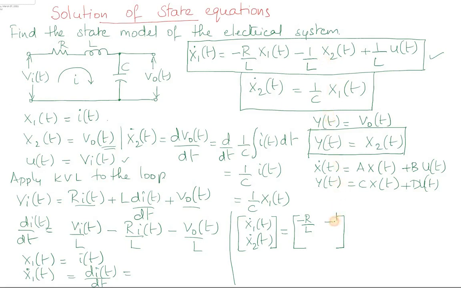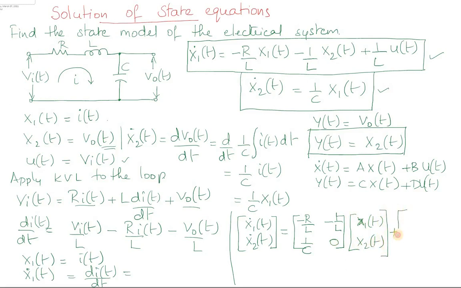So put minus 1 by l here. Now go to the second equation, that is x2 dot of t. In this we only have the x1 of t term. So in place of x1 of t, put 1 by c. We don't have the term x2 of t. So put 0 in place of this. Multiplied by x1 of t, x2 of t.